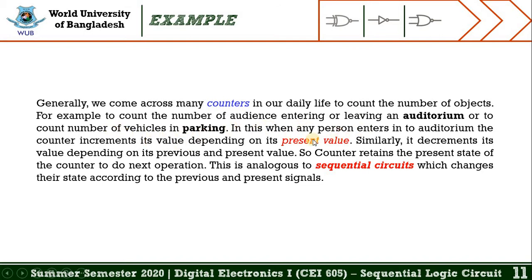When any person enters the auditorium, the counter increments its value depending on its present value. Similarly, it decrements its value depending on the previous and present value. So the counter retains the present state of the counter to do the next operation. This is analogous to sequential circuits, which change their state according to the previous and present signals.